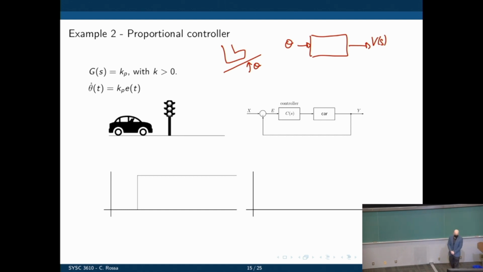Now, here's where we will start to get a bit confused. Do you guys think you drive by controlling the position of the gas pedal or the speed of the gas pedal? Speed, position, position, speed.